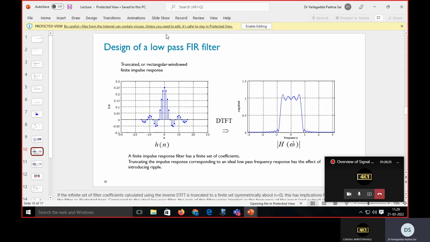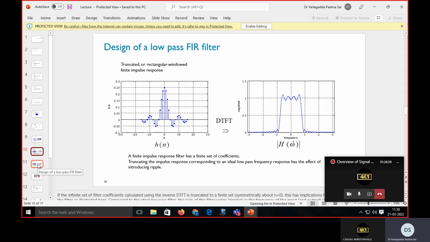The window should be symmetric, the amplitude should decay as it tends to 2 pi, and the main lobe should be as narrow as possible. Truly speaking, the side lobe level should be 0, but practically that is not possible, though you have to take care of it.